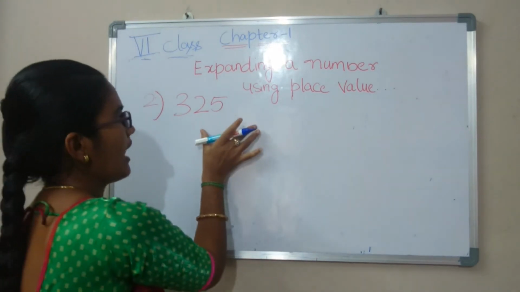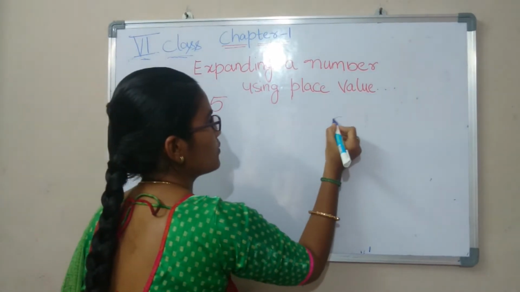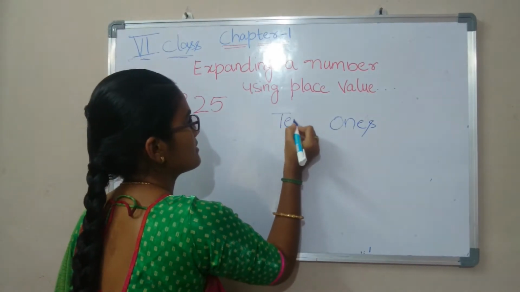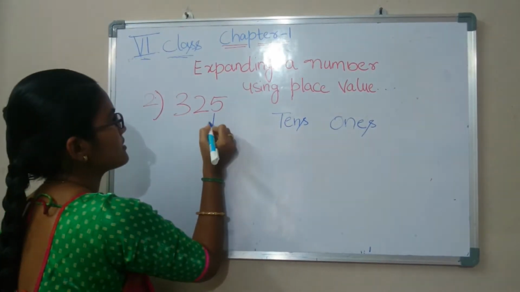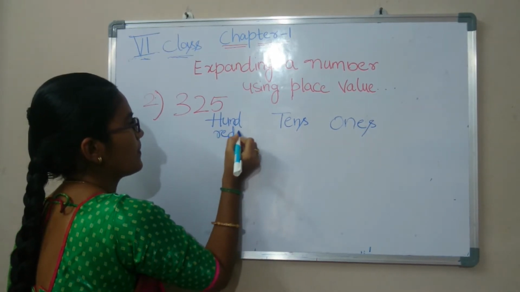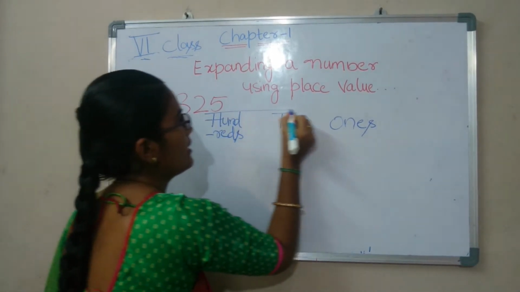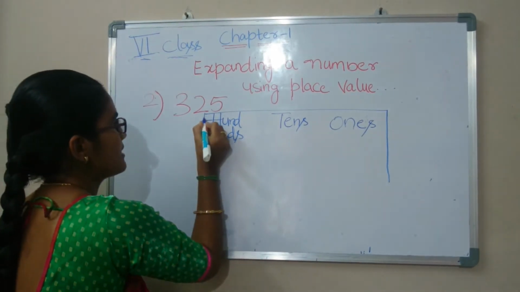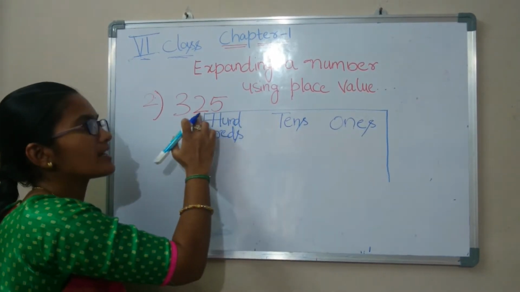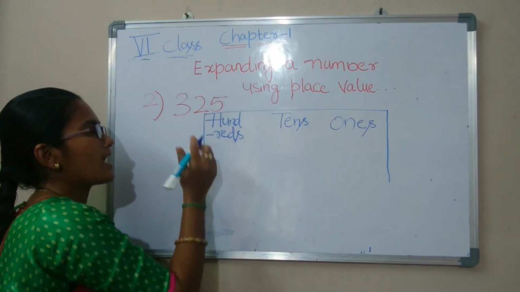Again we have to write the place values: ones, tens, hundreds. Here 3 digits are there, so we have place values up to hundreds.